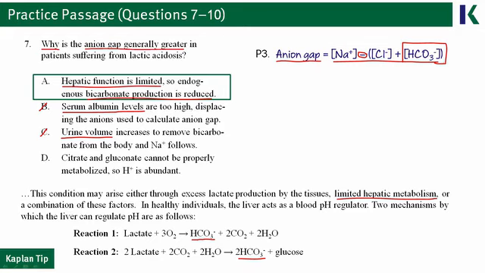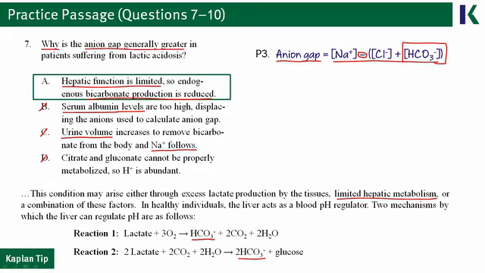Interestingly, choice C as a statement is consistent. If urine volume did increase, it would reduce levels of sodium. But even if it did reduce levels of sodium, even if lactic acidosis does increase urine volume, that would actually lower the anion gap, because we'd be reducing a positive term in the equation, not raising the anion gap.